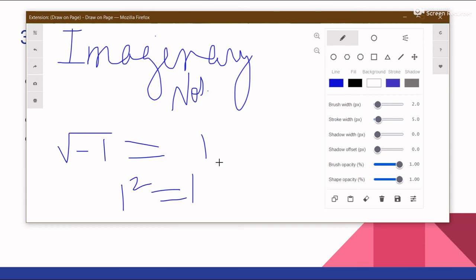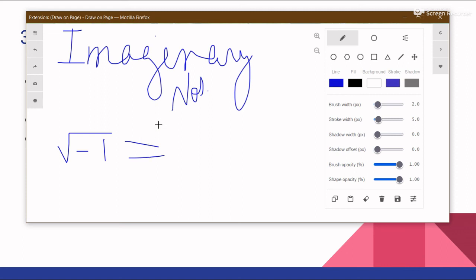So this doesn't satisfy this. If you have learned math, you might understand this. If we say negative 1, again the square of negative 1 will be 1. So it still doesn't satisfy. 1 and negative 1 both can't be the correct answer.